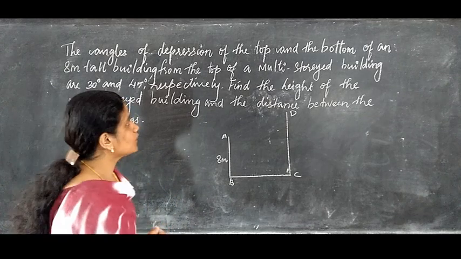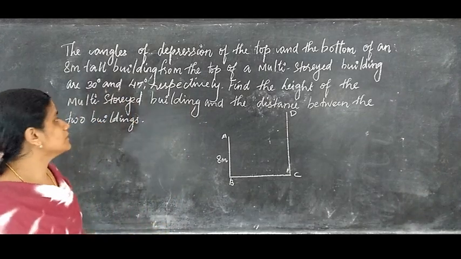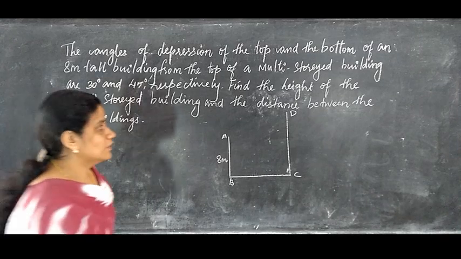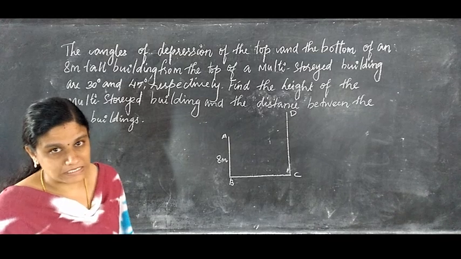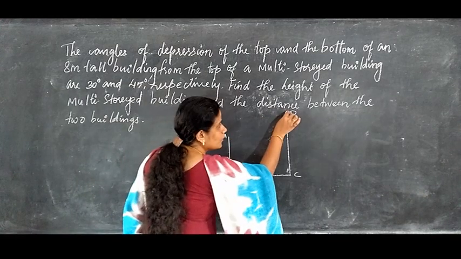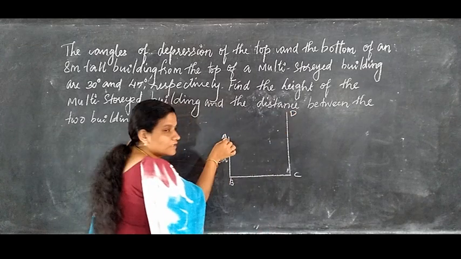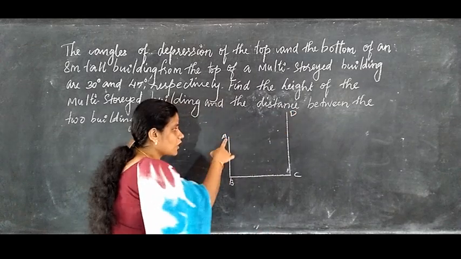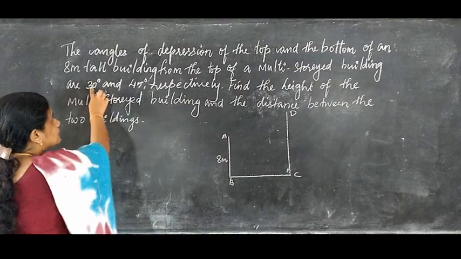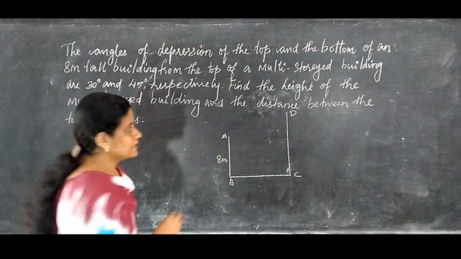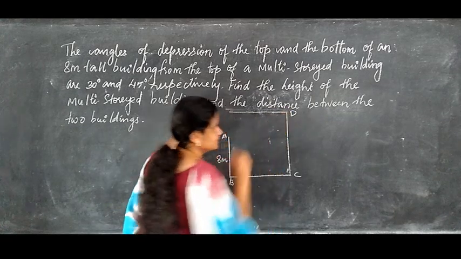Now from the question, the angles of depression of the top and bottom of the tall building, from where? From the top of the multi-storied building. To the top of the 8-meter tall building, the angle of depression is 30 degrees. As I told you, we need a horizontal line here.